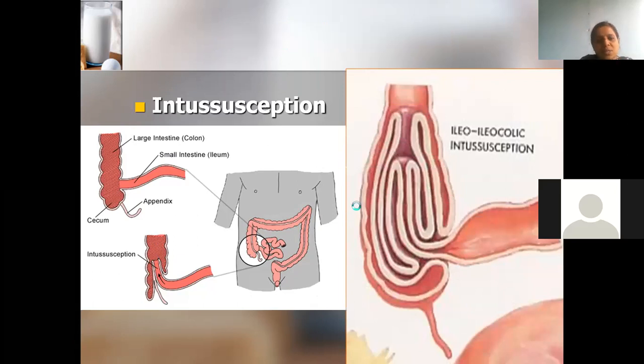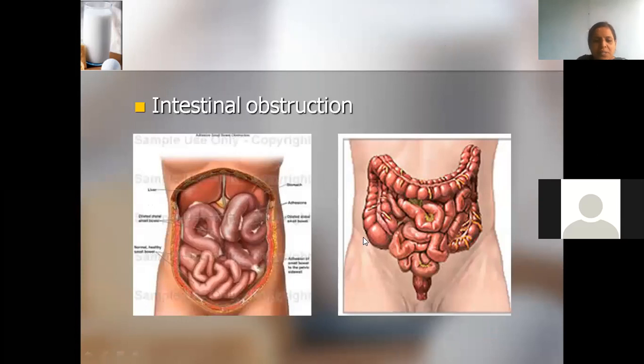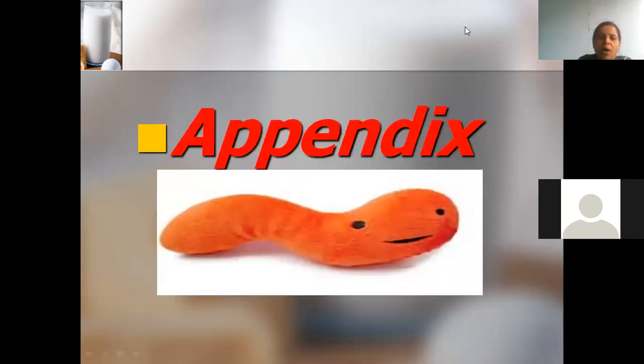You call it intussusception. Intestinal obstruction: if there is any obstruction, the food will be retained there, and you will see the intestine's width will increase. Now after we are done with the cecum, we will do the appendix.